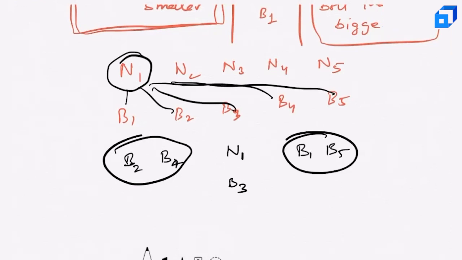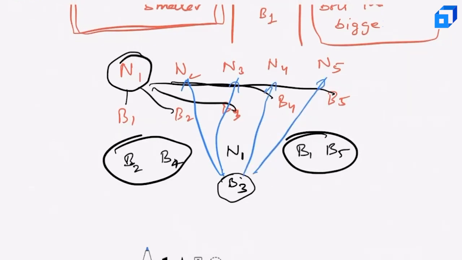Very similarly, I picked B3 and started comparing B3 with all of these guys, N2, N3, N4, and N5. I would come to know whether they are bigger than B3 or smaller than B3. Again, let's say hypothetically N2 and N3 were smaller, and N4 and N5 were bigger.